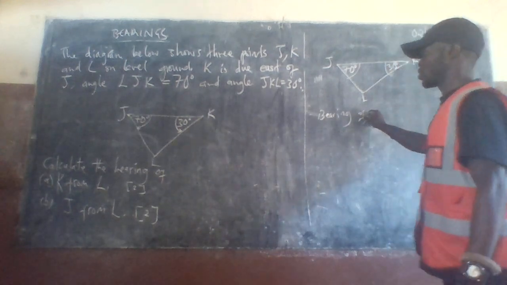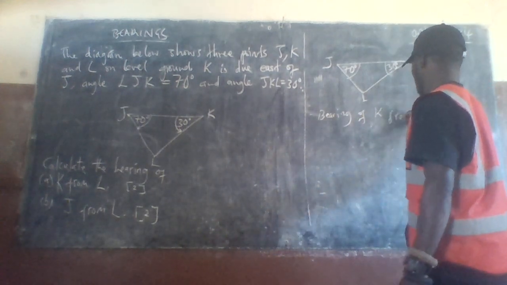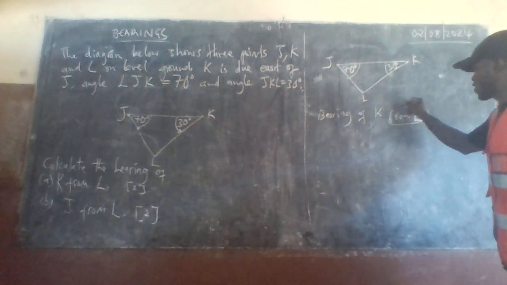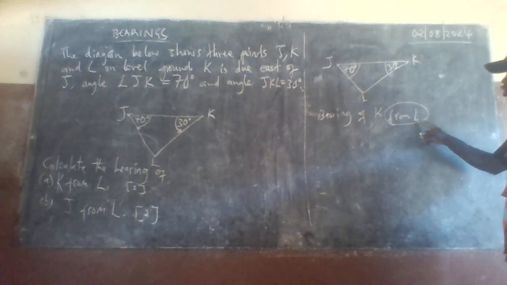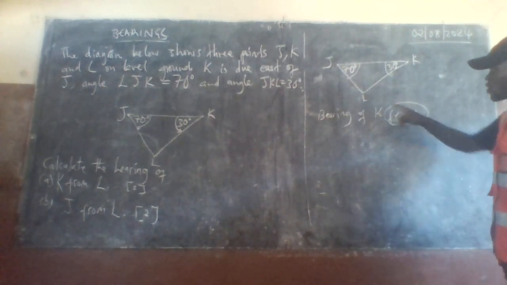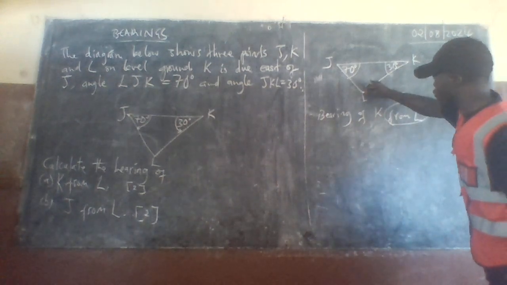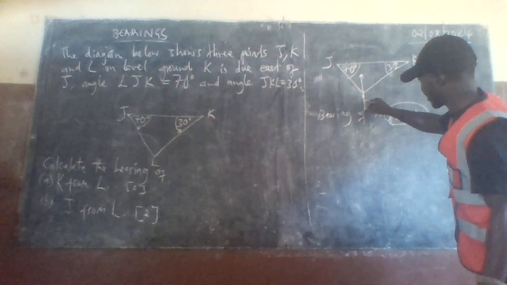So the first question is the bearing of K from L. We said in the previous video that we always go on the from. So this is our from, which is L. We go on the from and draw a north line like that.